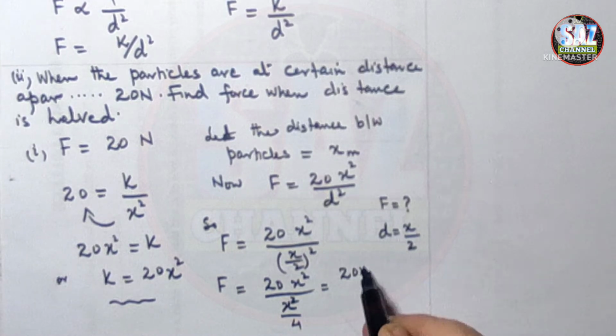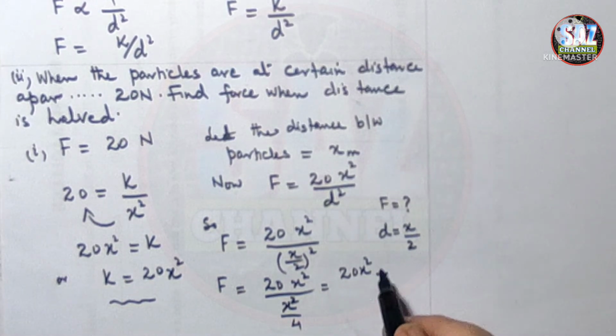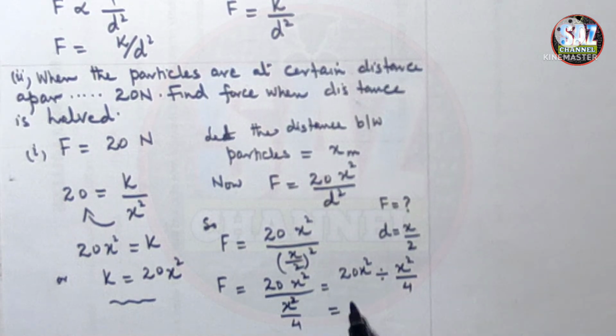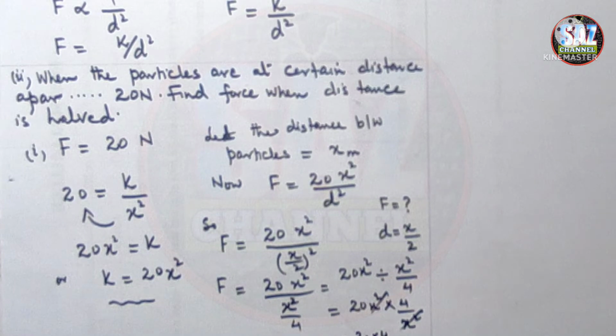I have to take the reciprocal, multiplied by 4 over x square. The x square cancels. So 20 multiplied by 4 is equal to 80 newtons. 80 newtons is the force when the distance is halved.